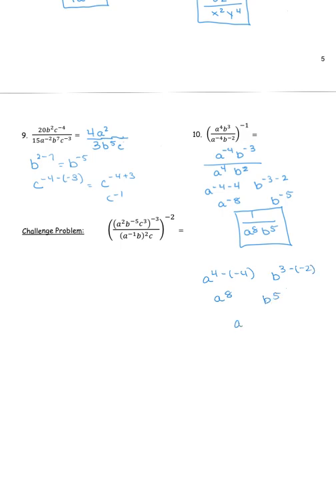So I end up with a to the 8th b to the 5th, but I can't forget that it's all raised to the power of negative 1. Again, I have to multiply, so I get a to the negative 8, b to the negative 5. Again, I cannot leave that in my numerator, so I have to drop it down to my denominator. So whether you simplify the inside or simplify the outside, you still get the same answer.